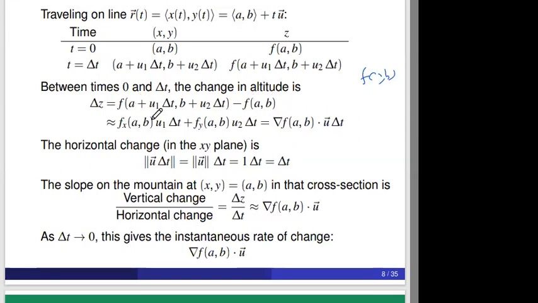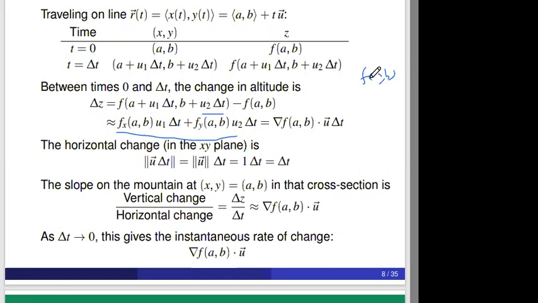This is approximately equal to the partial derivative of f with respect to x evaluated at this point times this variation, plus the partial derivative of f with respect to y evaluated at the (a, b) point times this variation. We ignore higher order terms.